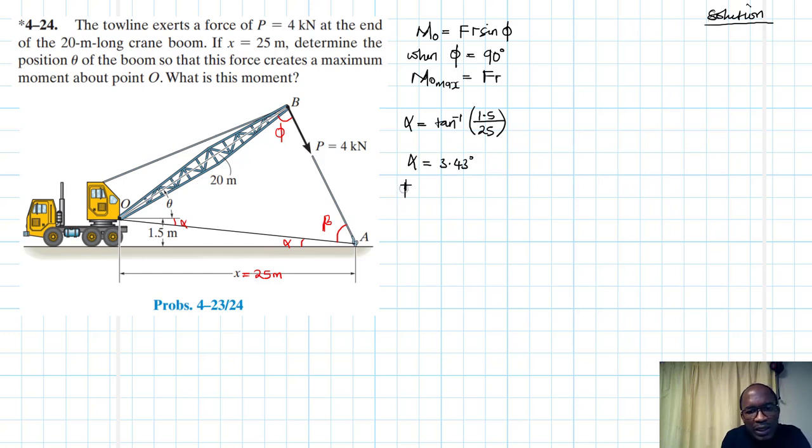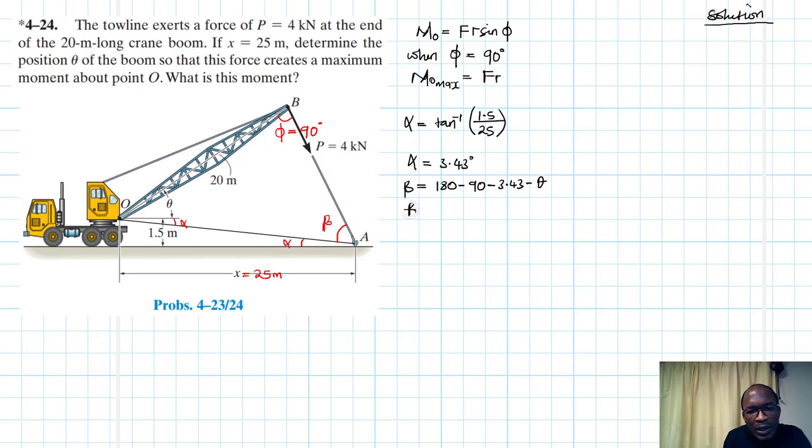Then we also know that the total of the internal angles in a triangle is equal to 180. And we've also identified this phi, because for us to have the maximum moment about point O, we need phi equal to 90 degrees. This is the condition that we are told in the problem. Therefore, beta will be equal to 180 minus phi, which is 90, minus alpha, which we just found is 3.43, minus theta.